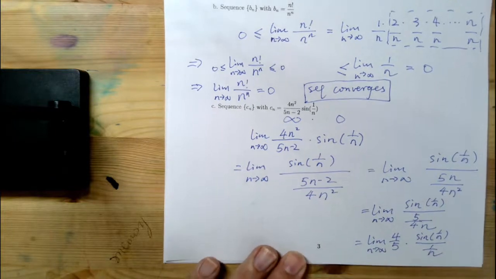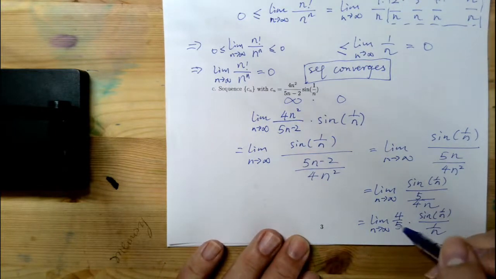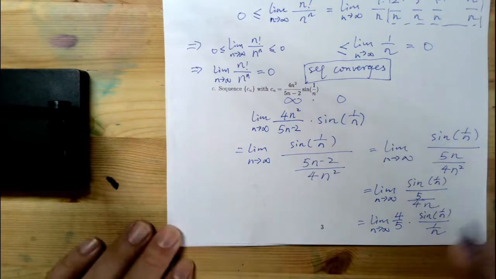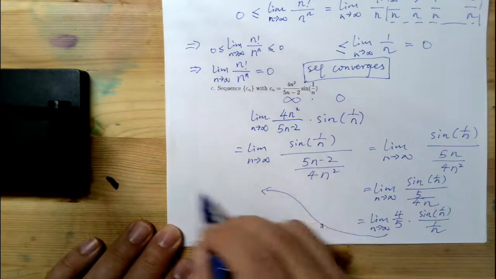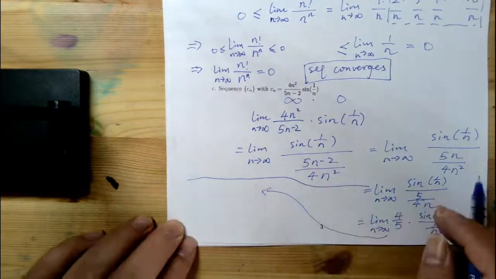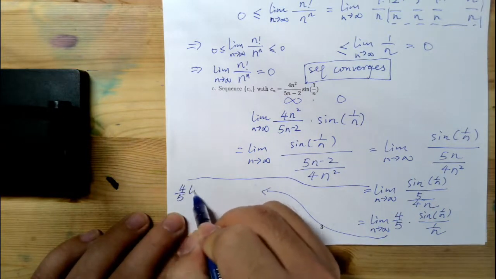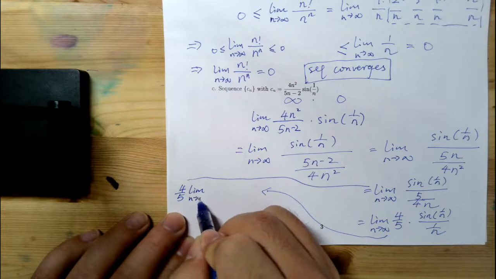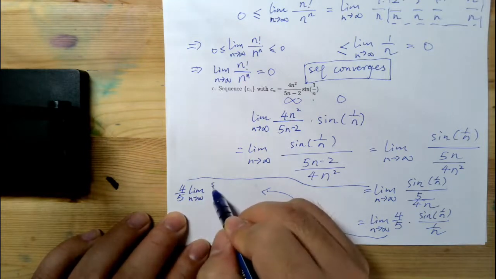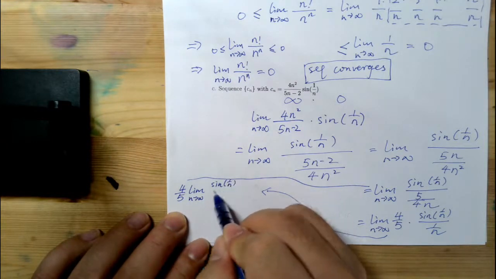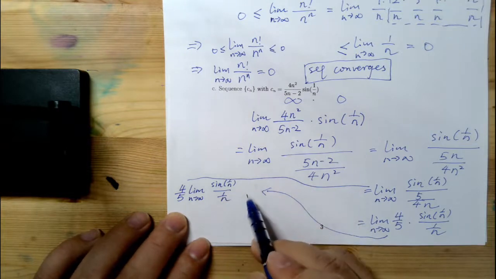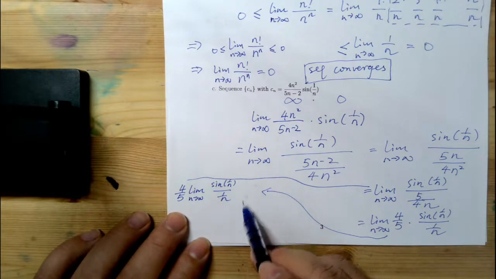So this is going to be 4 over 5 times the limit of sine of 1 over n over 1 over n. This is a very standard 0 over 0 type, so we can apply L'Hopital's rule again.